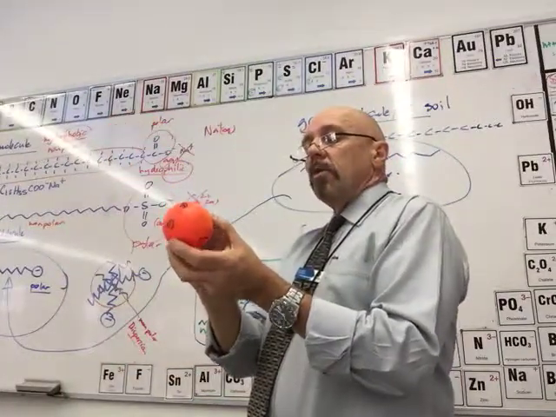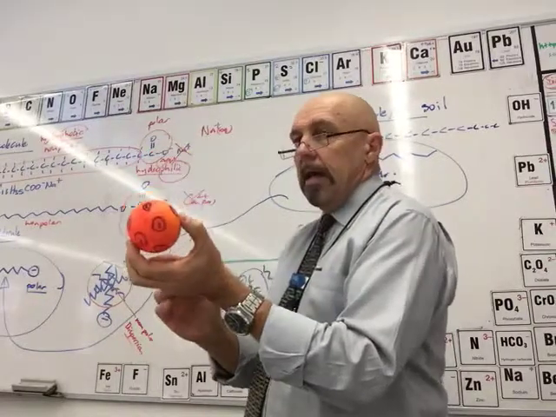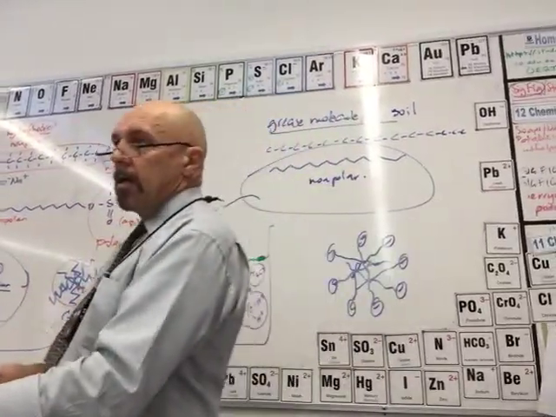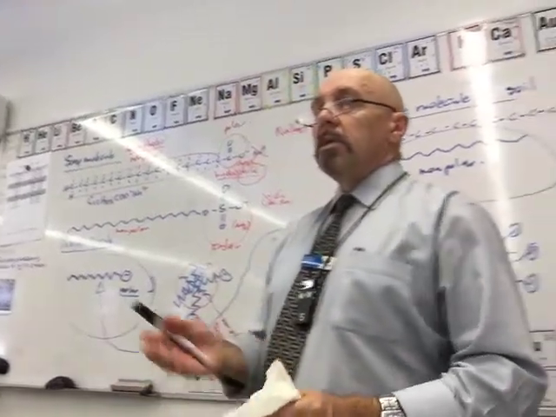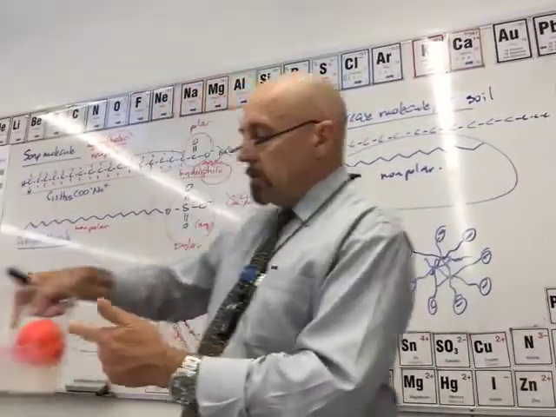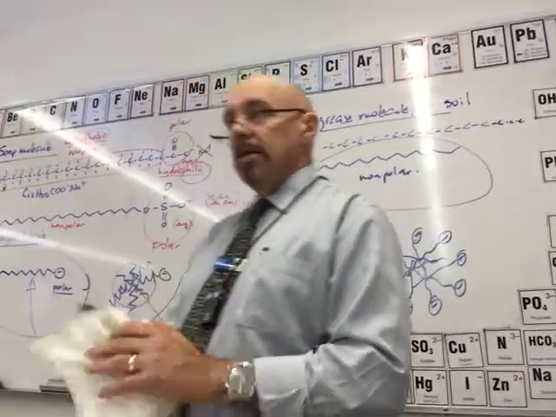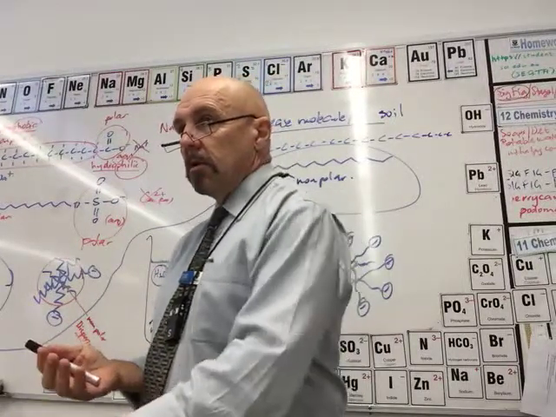This structure is called a micelle. There's not one of them. There are millions of these things set up in the water. So the micelle is in the water. However, inside the micelle, we've trapped the grease.